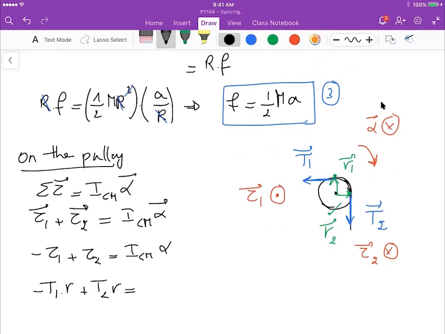The I center of mass للpulley هي عبارة عن 1 over 2 m r squared, where m is the mass of the pulley and r is the radius of the pulley.